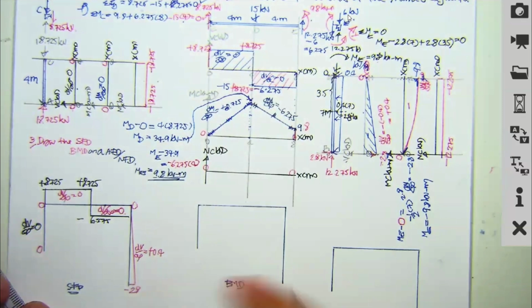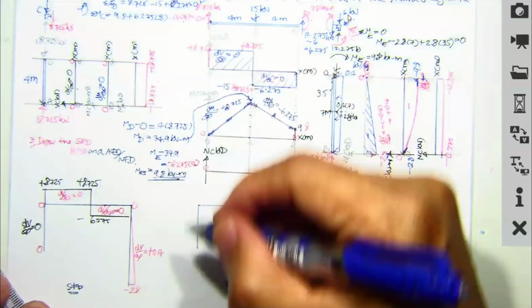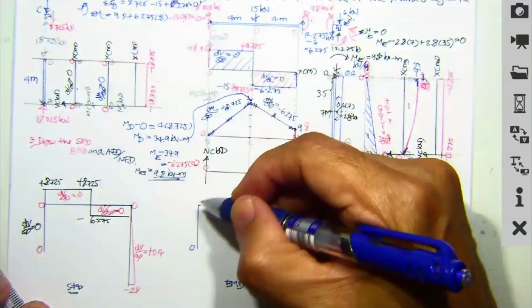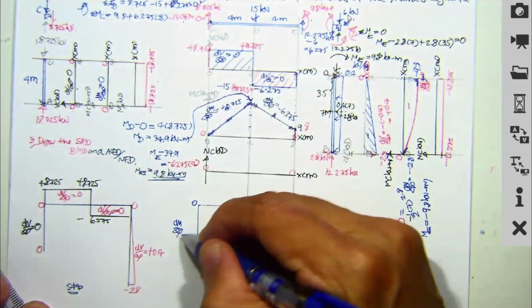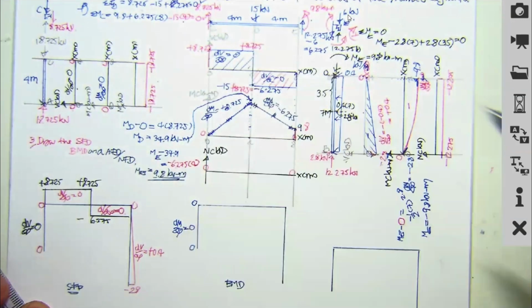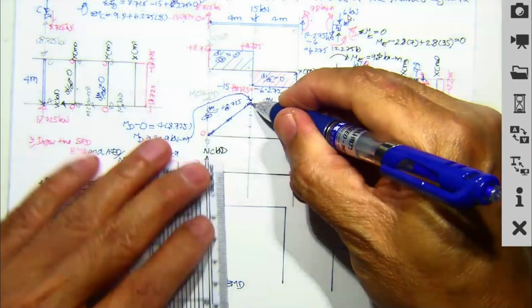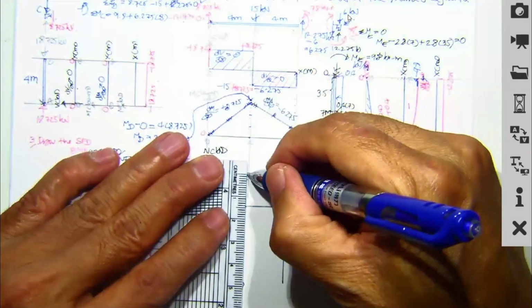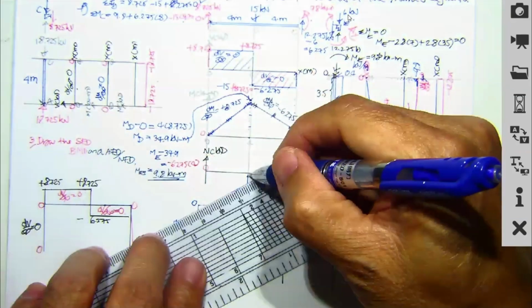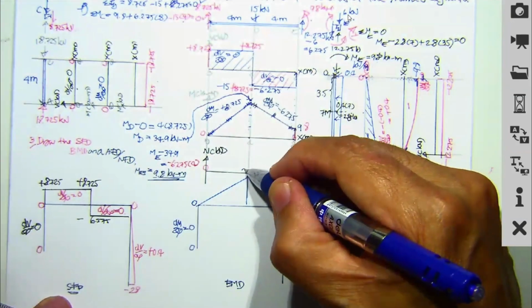For the moment, again, over here is 0, over here is 0. We have dM/dx for AB equal to 0. Then take this one. Okay, this is going to be about 1.5. And this one up. And then we have to copy this one. 30.